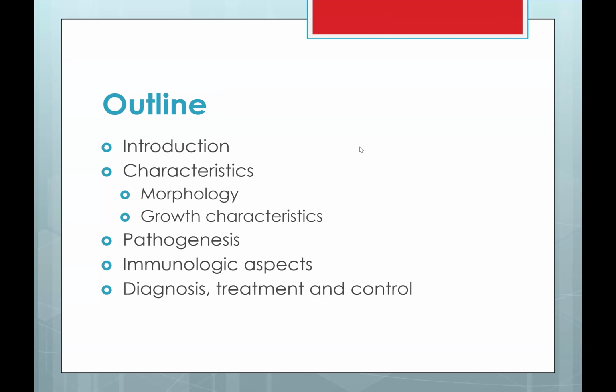So what you need to remember about Riemerella is this affects ducks. You will see the gram stain here. Can you tell me gram positive or gram negative? Gram negative. Okay, good.